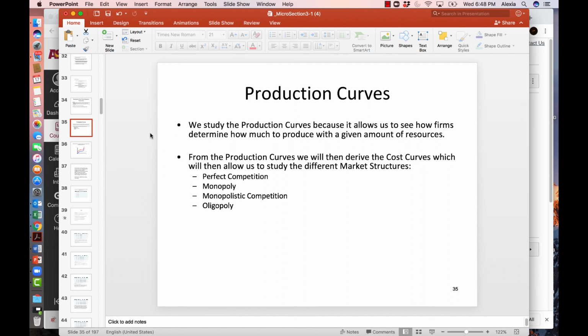So we have product curves. Remember, real important, they inform companies what combinations of inputs we need in order to produce some amount of output. We take that information, and then from our product curves, we're able to figure out what our cost curves are. In order to study these different market structures, we've got to get to our cost curves, but there are still a few more steps before we're there.